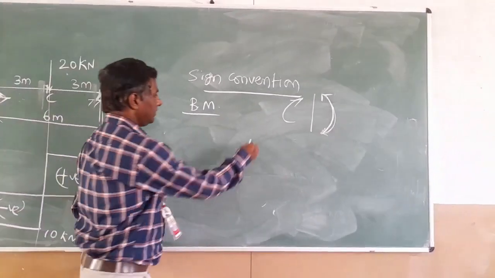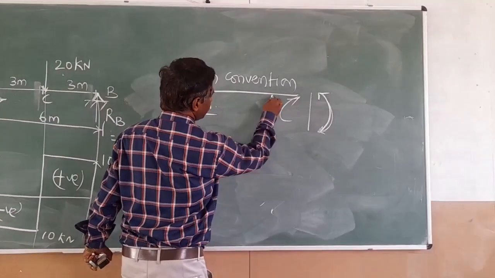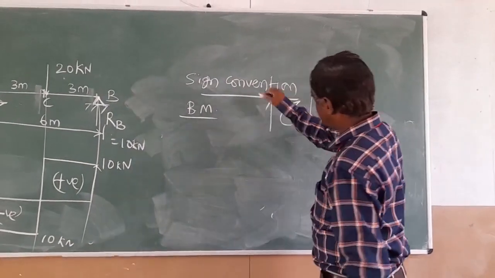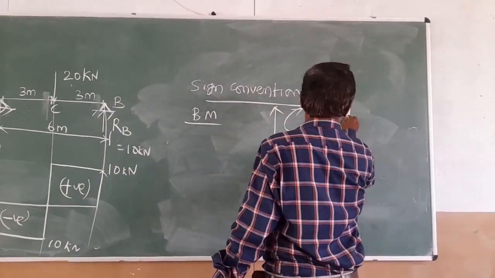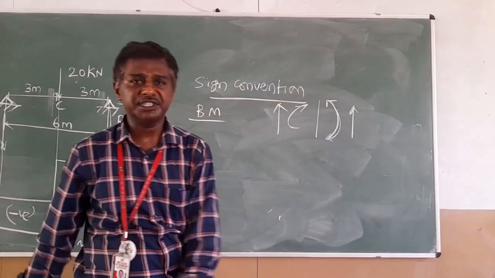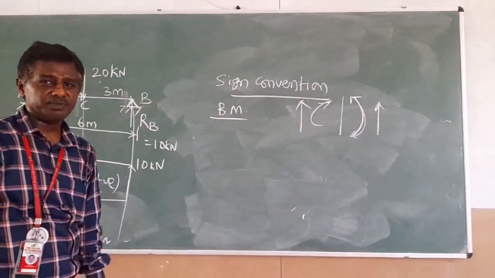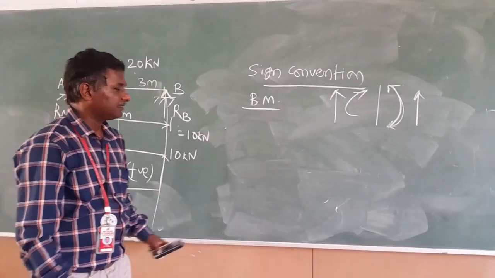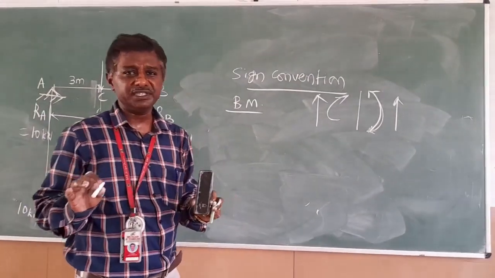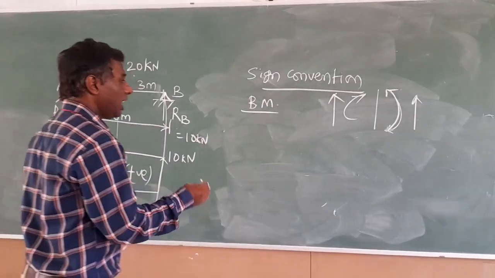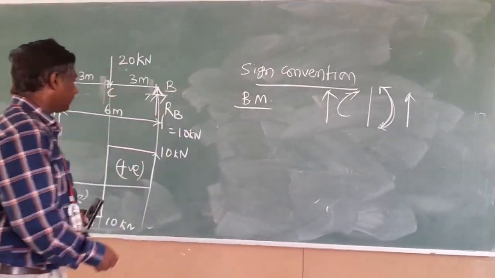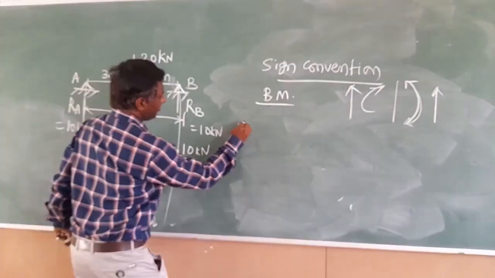That means, either considering the left side or the right side, upward force must be there, then only you have a positive bending moment. So upward force will give you the positive bending moment. Okay. Now let's move on point by point.